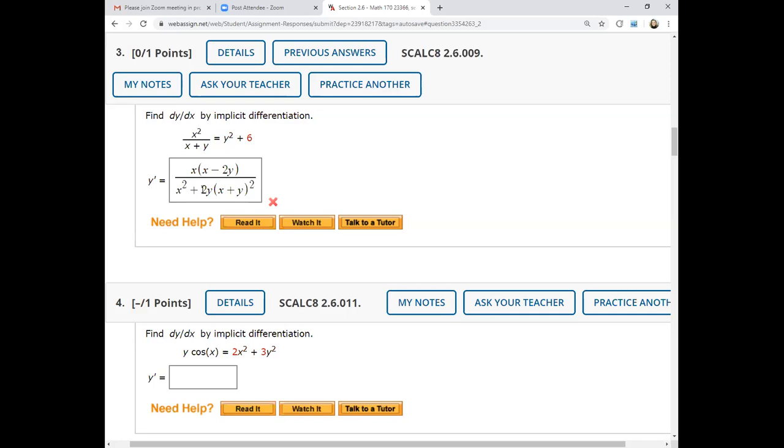I think that x squared's supposed to be... Oh no, it's added. Never mind. Minus 2x. Did I get all four? Let's see. Yeah, I did.